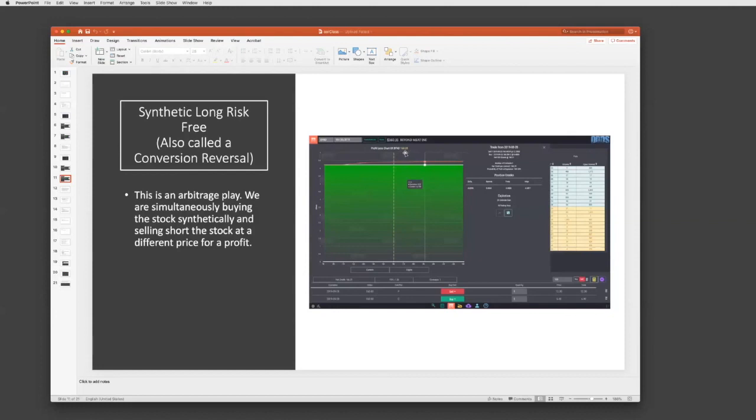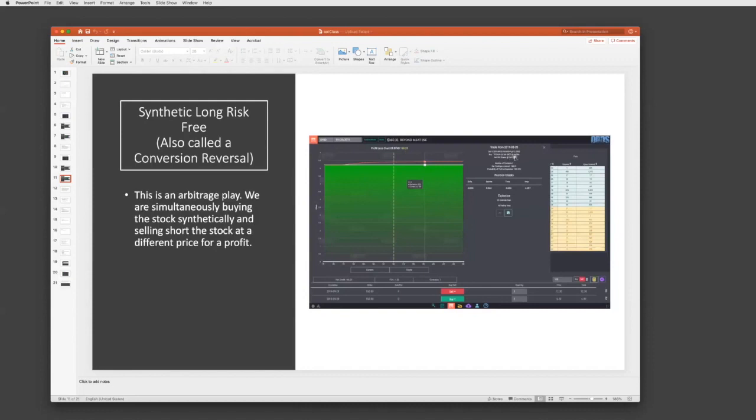So we'd keep that 31 cents that we collect from going short the stock. So we'd get a total profit out of this of 621. 621 is the total profit that we would get on this trade.